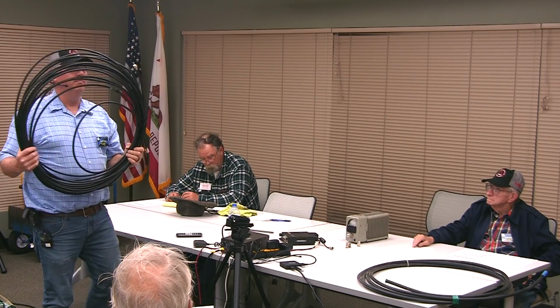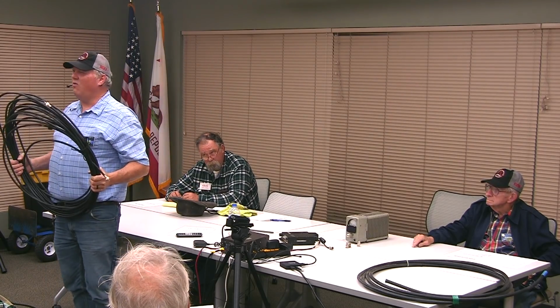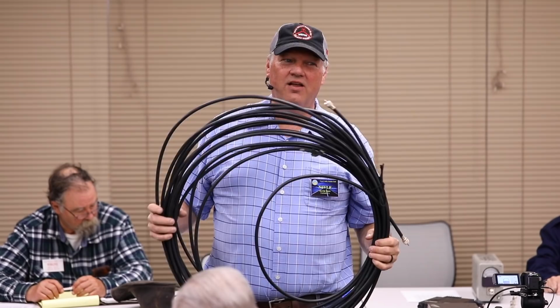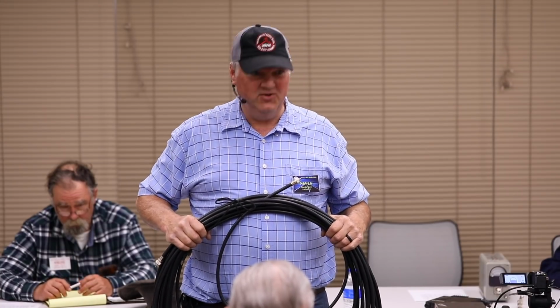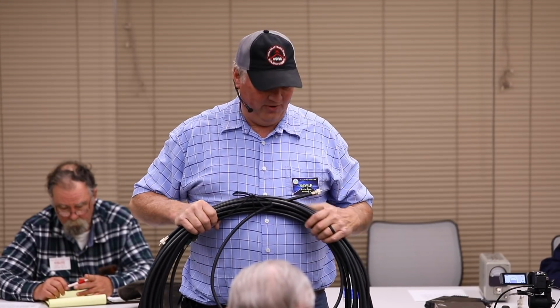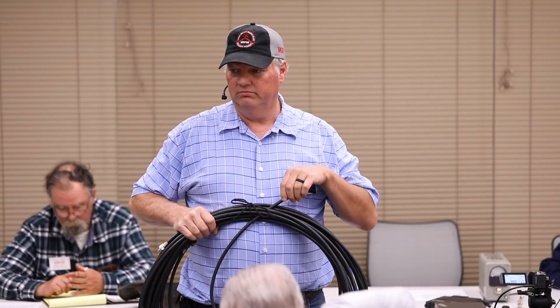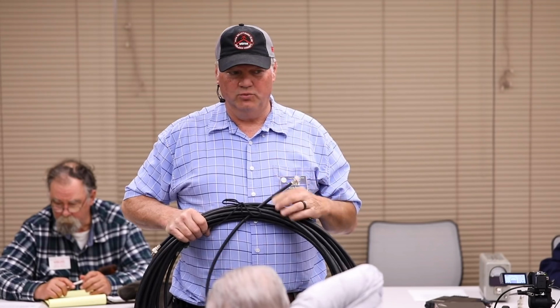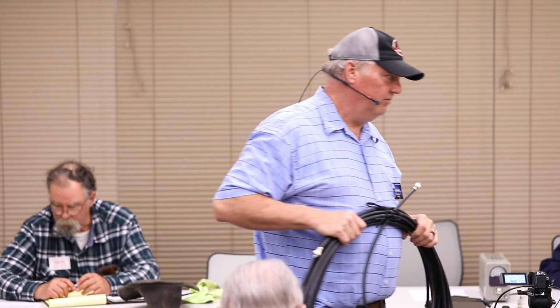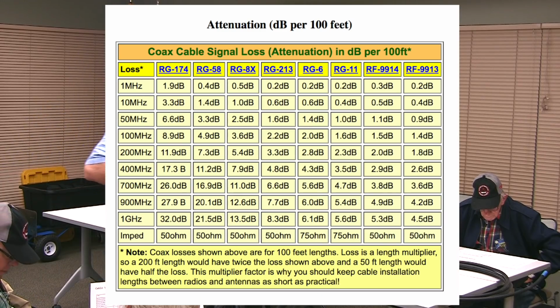Now, this is on the chart. This is kind of like LMR 400, but it's not, because my friend bought me a 100-foot piece of LMR 400 and he forgot it. Anyways, he's going to give it to me too. Not really, I'm lying. This is a piece of RG11. Look at the loss on RG11, guys. It is 75 ohms, but I'm just talking about loss right now.